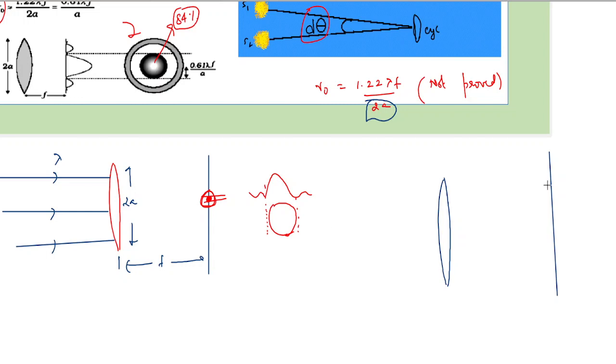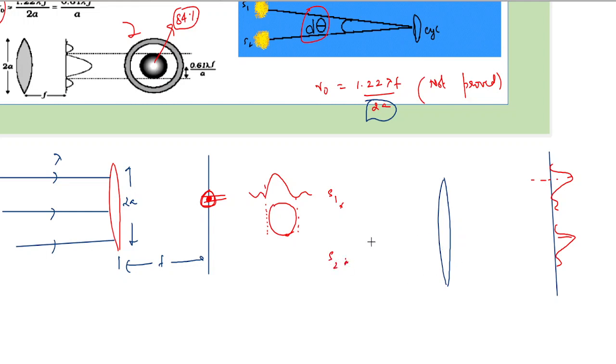So on the screen we get two patterns, one pattern because of one object, the pattern because of the other object, like this. In this case, when the centers of both the patterns are far away, think of star S1 somewhere here and S2 somewhere here. Keep in mind that they're very, very far away.